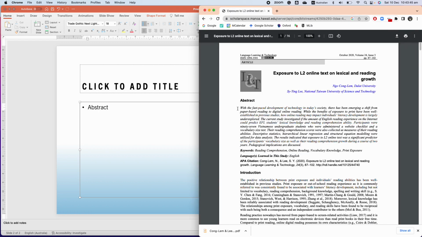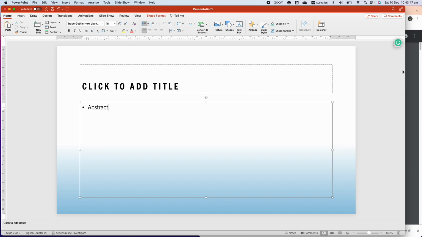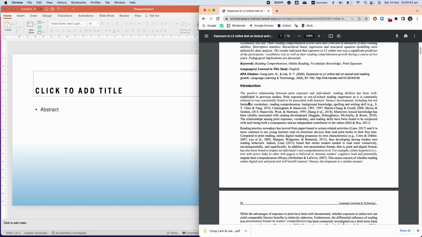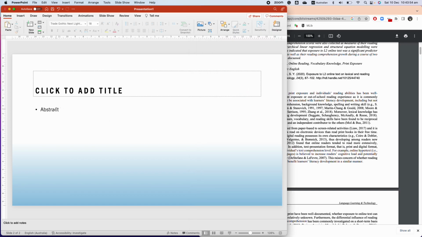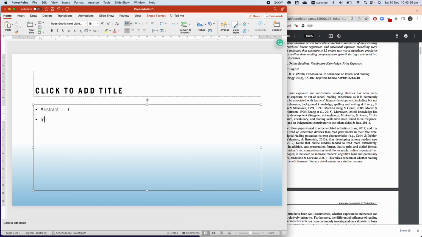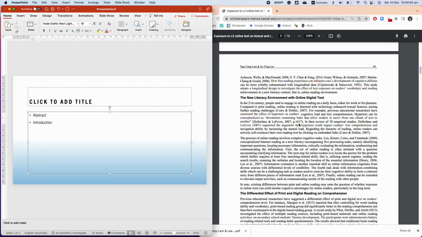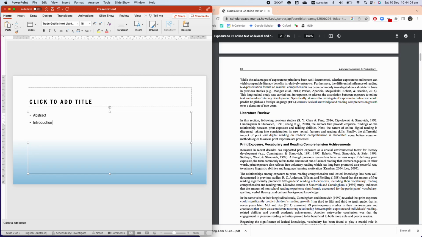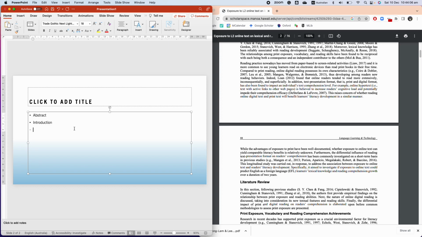So basically we're going to have the abstract, and then the introduction. Moving down a bit, we have something called the literature review, or we can call it the research background.